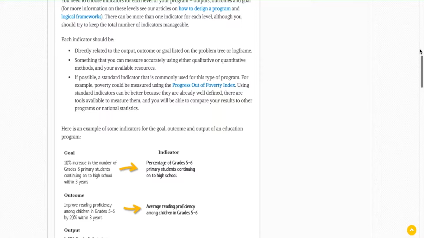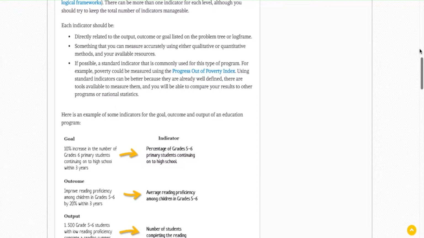Suppose the goal of the program is a 10% increase in the number of grade 5 to 6 primary students continuing on to high school within 3 years. So the indicator would be the percentage of grade 5 to 6 primary students continuing on to high school. This then has to be measured.